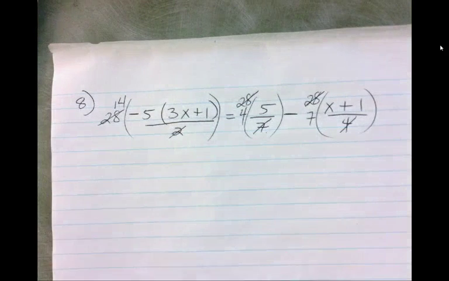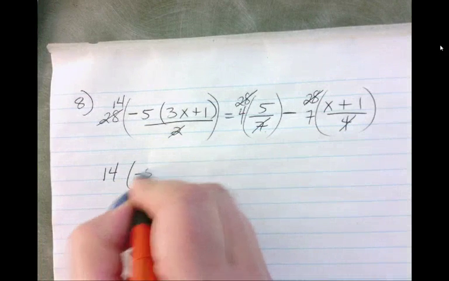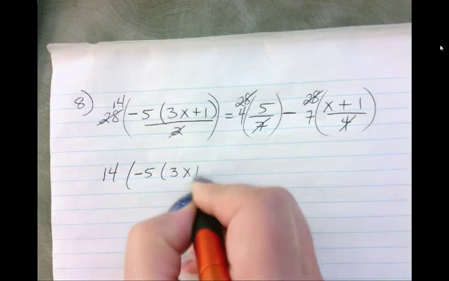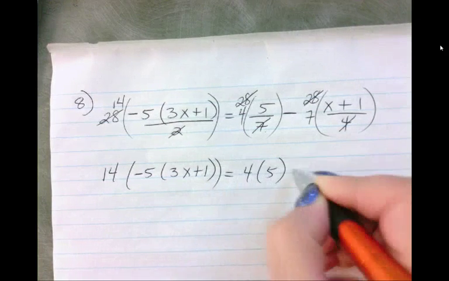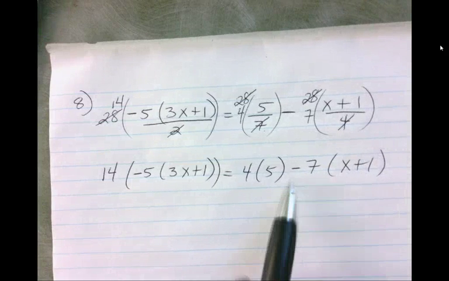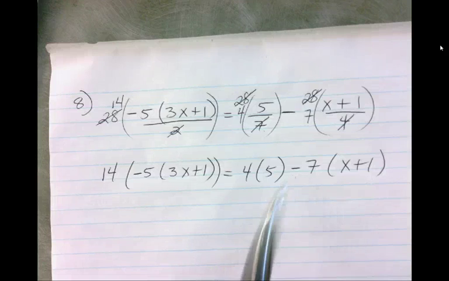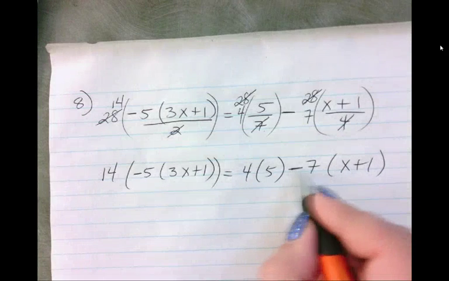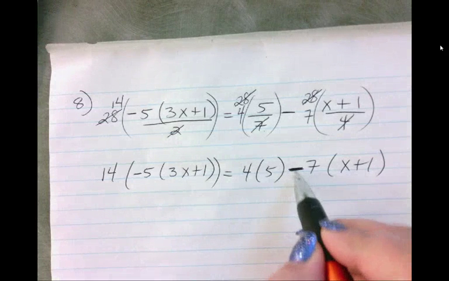Okay, I'm going to rewrite what I have just so that you can see it better. This is what's left. Don't forget to write these connecting signs, because they hold a lot of importance for place value and what operation needs to happen next.